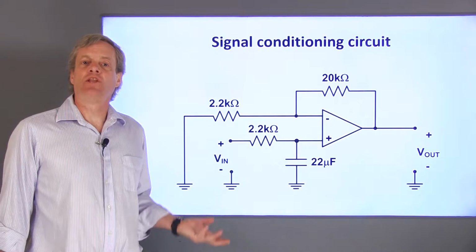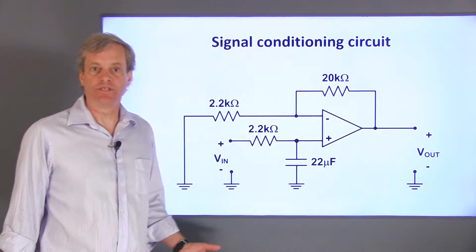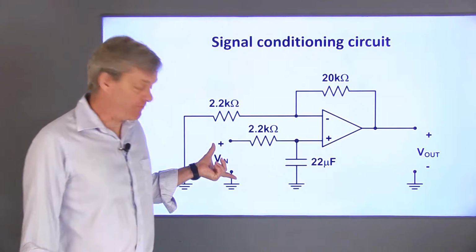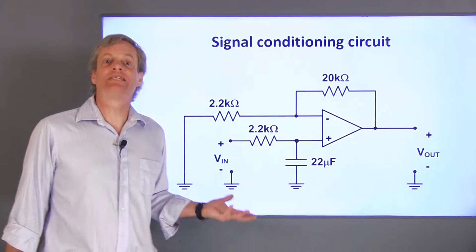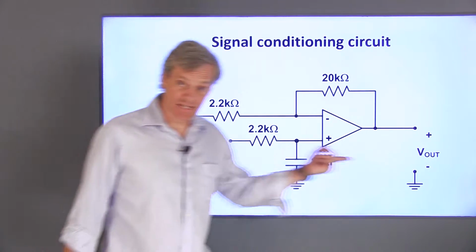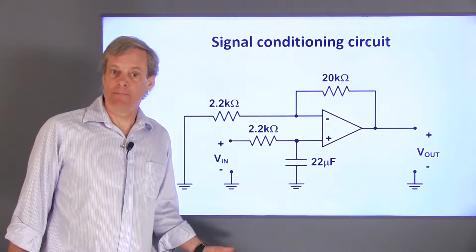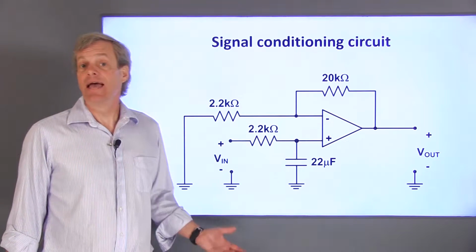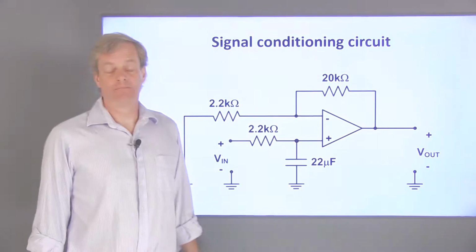This circuit's called a low-pass filter because slowly changing or low-frequency voltages will be passed through the circuit from here to here, while rapidly changing voltages will be stopped by the filter and won't make it to the output. This means that the circuit will reduce voltage levels that are changing rapidly, the high-frequency noise, and increase the slowly changing voltage levels, the low-frequency data.